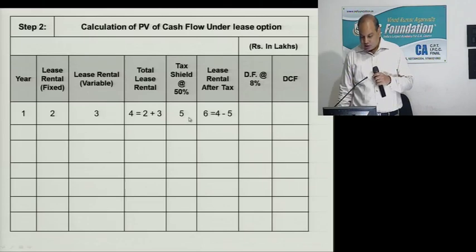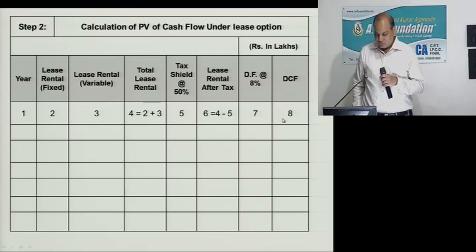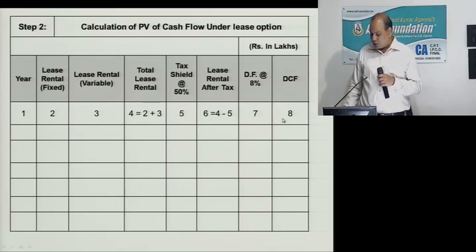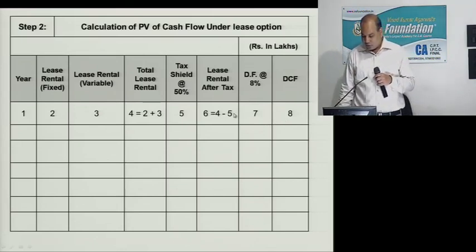So lease rental net of tax is 4 minus 5. This is my net cash outflow column, column number 6. And then you will discount it at 8% to present value. So one column you can eliminate is the 7th column. Directly take column 6 and write present value at 8%.